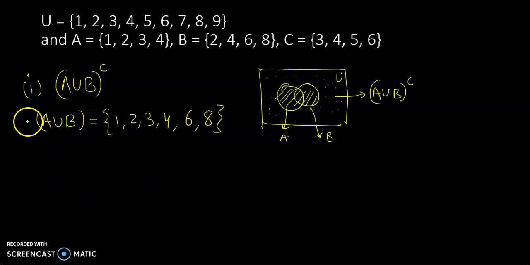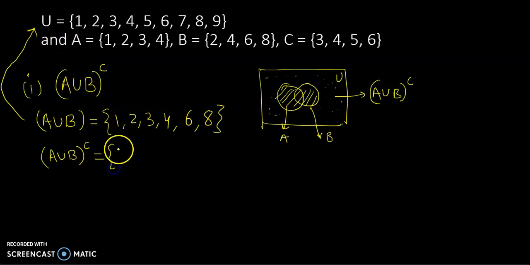Now I'm going to compare this A union B with the universal set to find its complement. What will be the complement of A union B? I can see what are not the members of A union B. 1 is a member of A union B, so it is not going to come in the complement. 2 is a member, so it is not going to come in the complement. 3 is a member, so it is not going to come in the complement. 4 is a member, 6 is a member, 8 is a member.